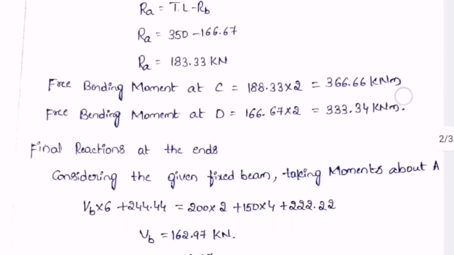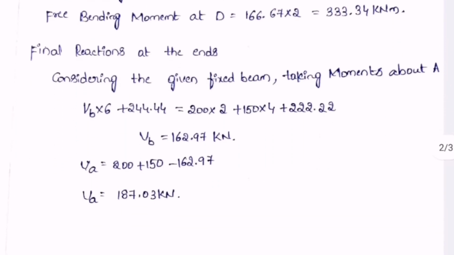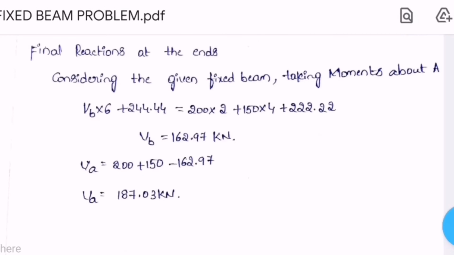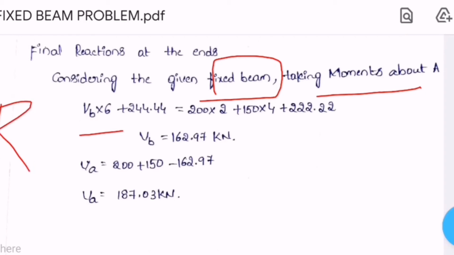So the final reactions at the ends can be taken as follows. Considering the given fixed beam, we have to take moments about A. Here it is given as V instead of RA and RB.